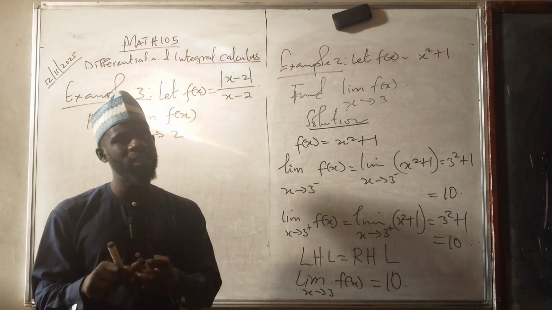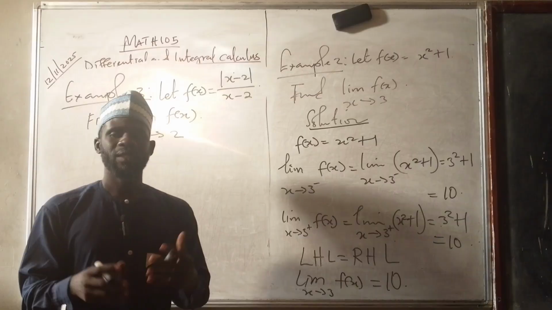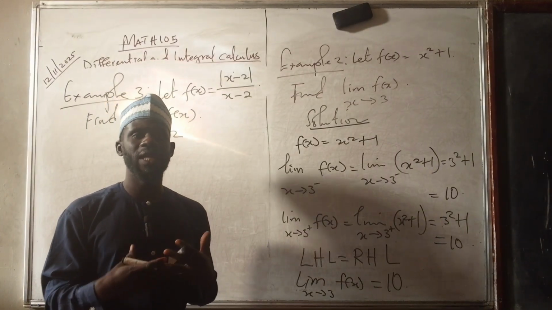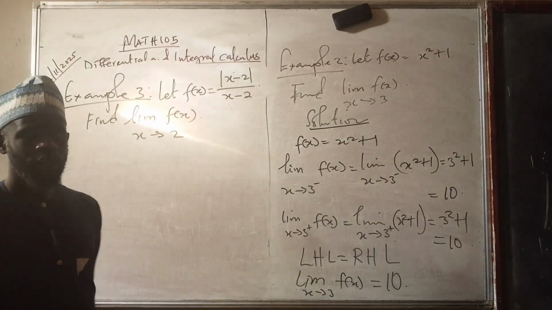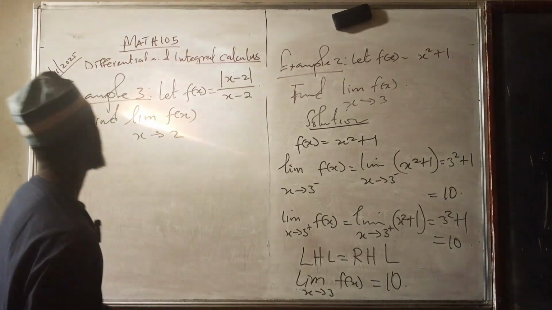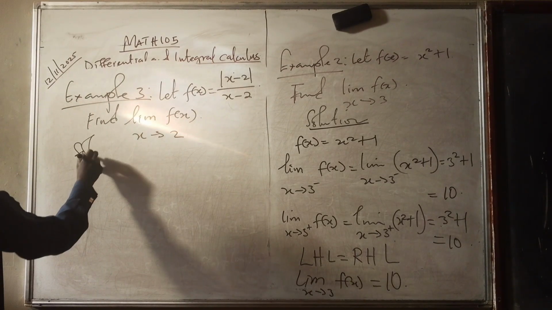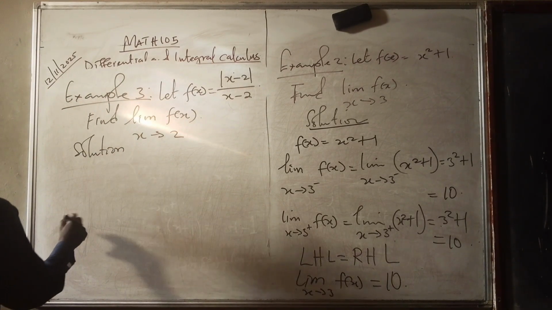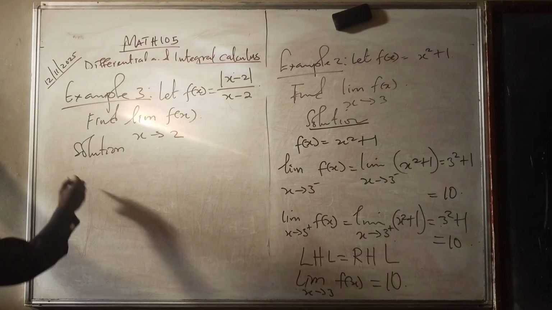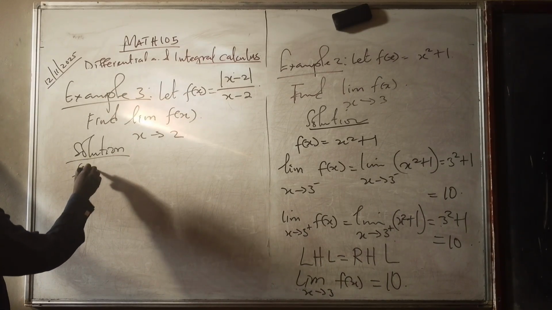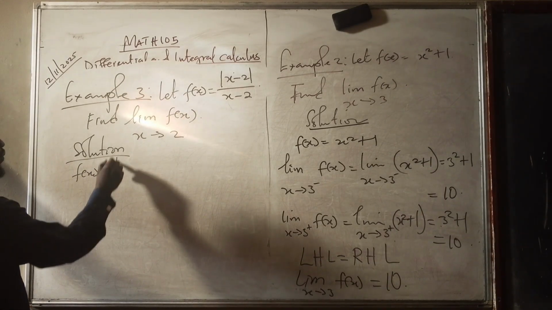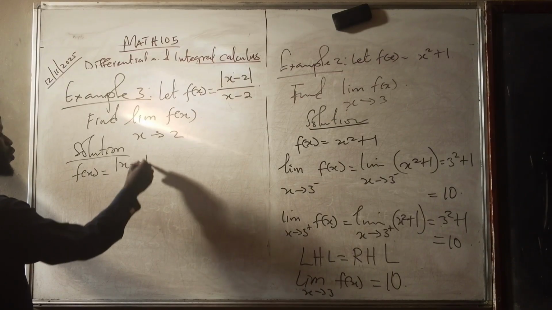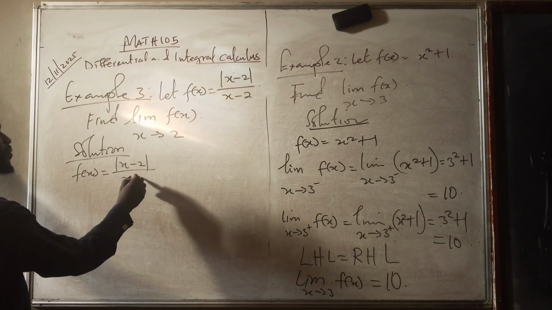If the two limits coincide, definitely the limit exists and it equals that unique limit we have determined. So we have f of x equal to the absolute value of x minus 2 over x minus 2.